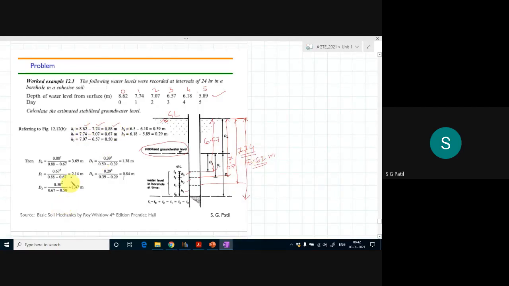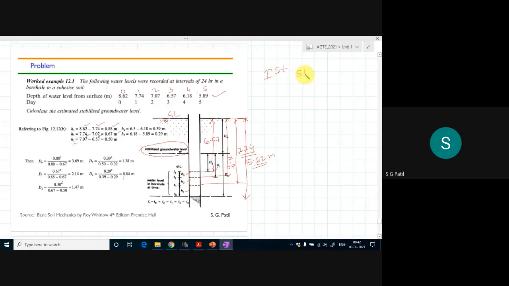Similarly, h2 is nothing but 7.74 minus 7.07. And h3, h4, h5, like that, I have to calculate each incremental height of the water level. First step.